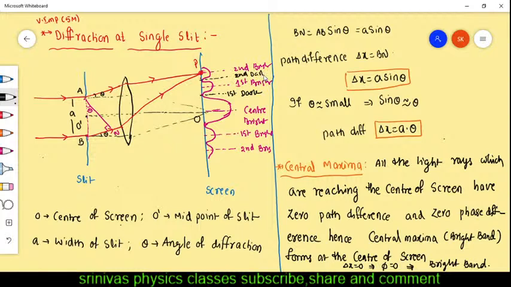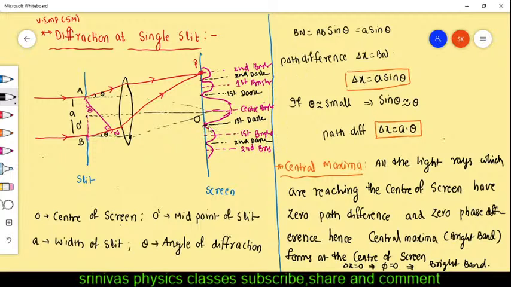This is the center bright, this is the first dark, and this is the second dark.